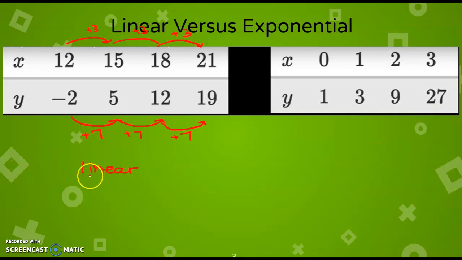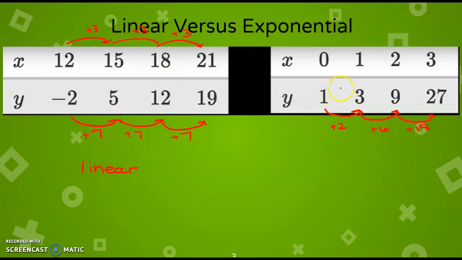Okay, so we're adding the same thing or even subtracting the same thing every time. But here we can see that from 1 to 3, I add 2. From 3 to 9, I'm adding 6. From 9 to 27, I'm adding 18. So I don't have a constant change here.